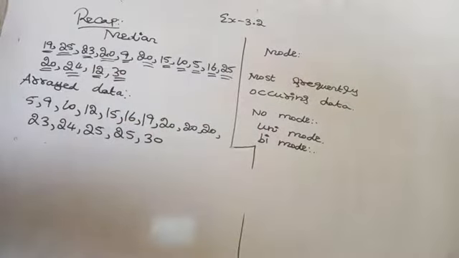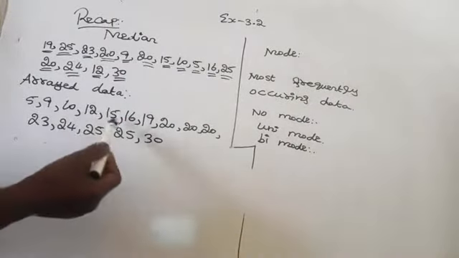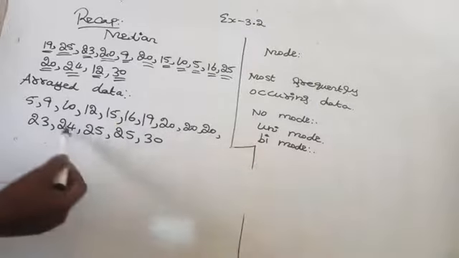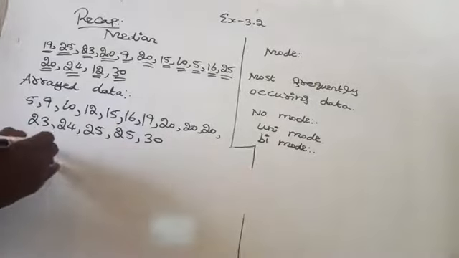Now count the number of observations: 1, 2, 3, 4, 5, 6, 7, 8, 9, 10, 11, 12, 13, 14, 15. So n equals 15. Already it is given, 15 students.